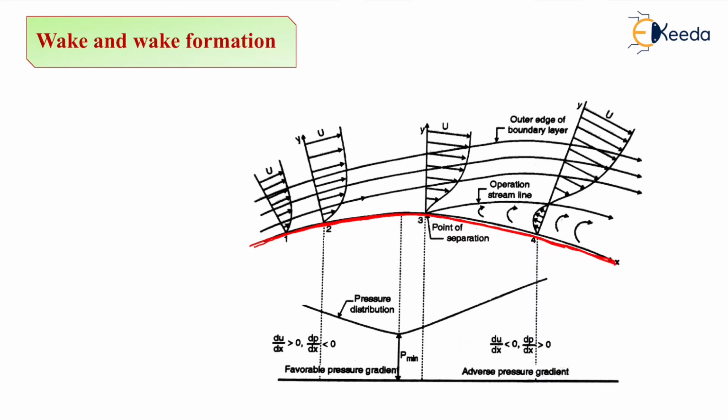So in this case, when fluid flows around, say for example this is the flow of fluid, this direction indicates formation of boundary layer around this surface.